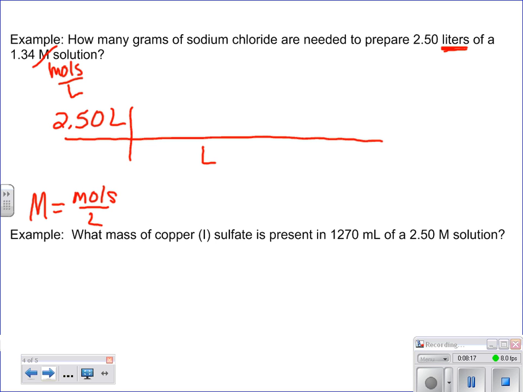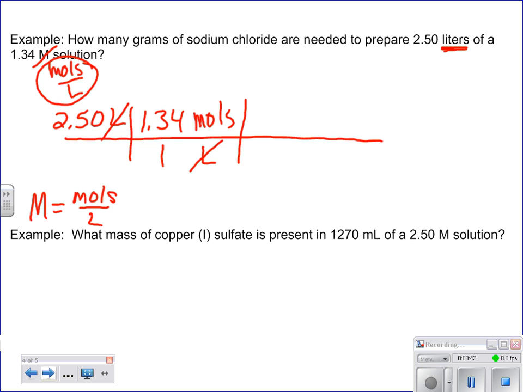So we're going to start with 2.50 liters of a solution. And we want to get rid of our liters. Where could we go to? Do we want to go to milliliters in this case? No. We go to moles. So notice right here, this is going to come in handy. What number goes with the moles? 1.34 goes with the moles. What number goes with liters? 1.